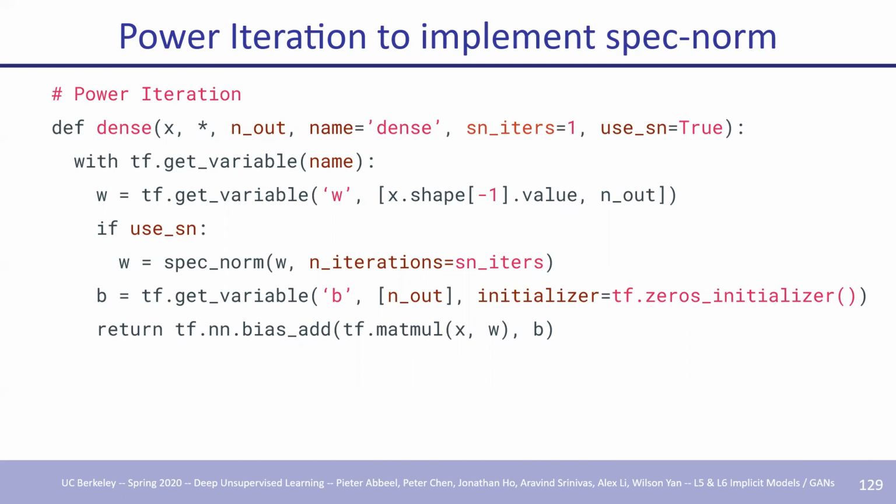And this one just shows the dense function. So if you use spectral norm, then it says W equals spec norm, and then you send in the number of iterations. And so W here becomes different. It's just doing XW plus B, but W has been modified.